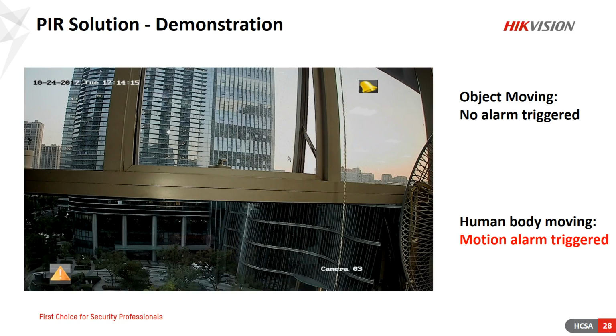So we judge what kind of object is going to trigger the alarm by judging how much infrared radiation that object has. The higher the radiation it has, the easier it is to trigger the alarm.